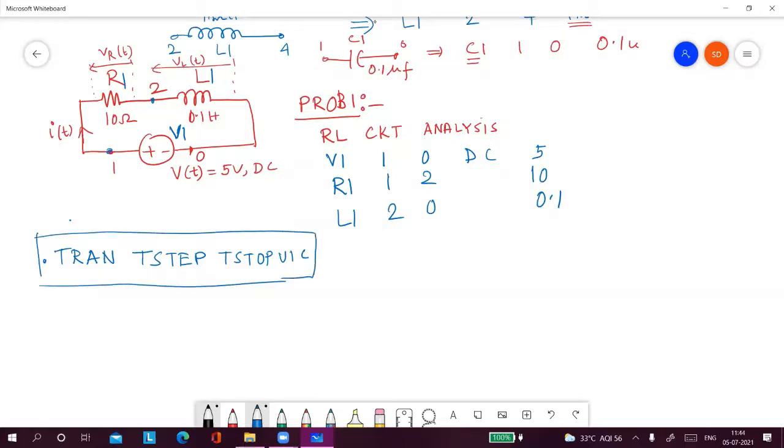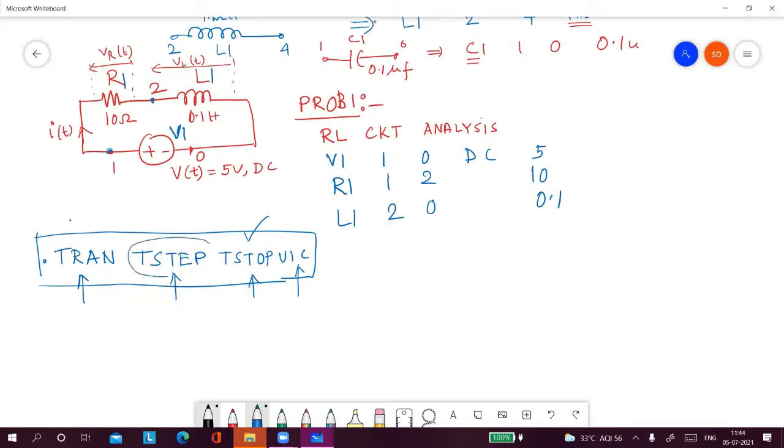Tstop means the final time; the starting time is 0, you know. UIC signifies using initial condition. If there is an initial condition, then you analyze that.